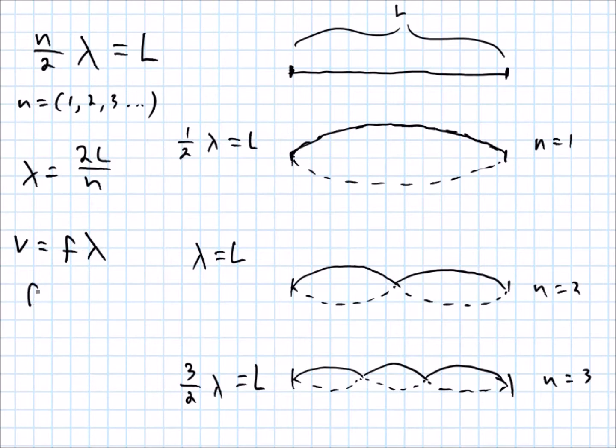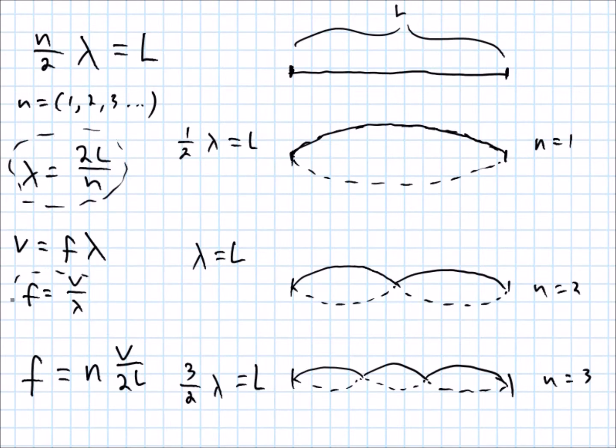So frequency is equal to velocity divided by wavelength. Wavelength is 2L over n, so what I end up getting is that frequency is equal to n v over 2L. So I've just plugged my wavelength into my frequency equation.